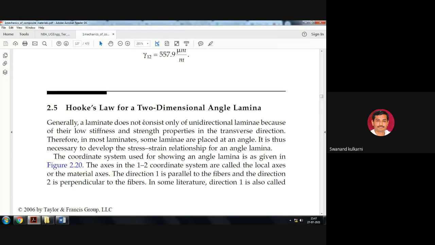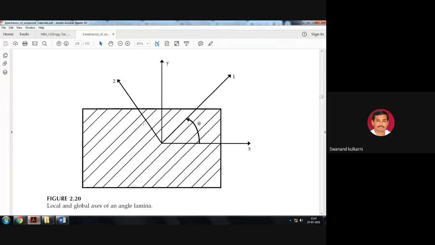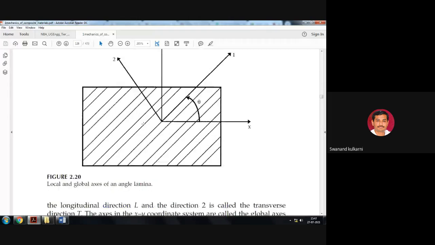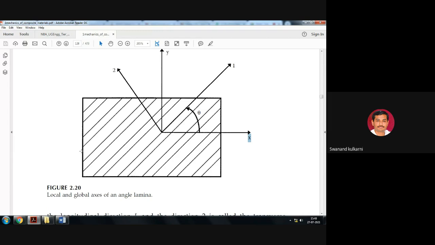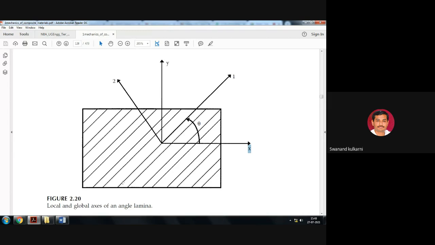Because in computer graphics we already know this, this particular example you can analyze with the help of local and global axes, because in this angle lamina, the reinforcement is present in this direction theta, which is shown here. Is it okay? So theta is the angle. Here you can see this particular angle with this x.